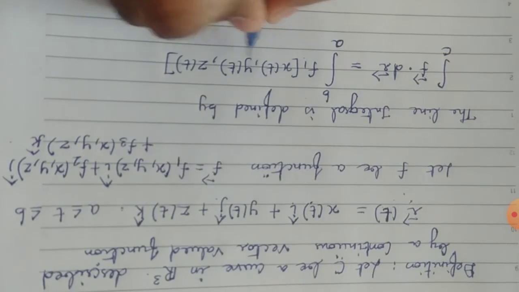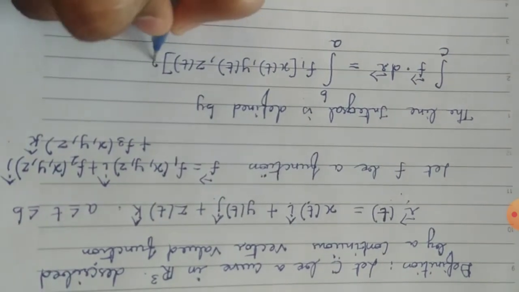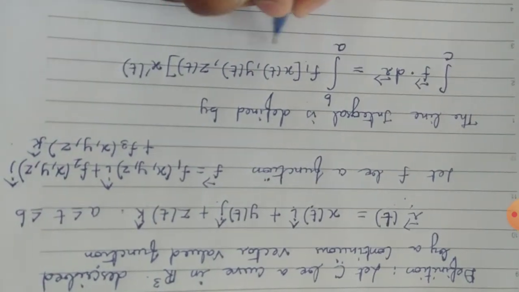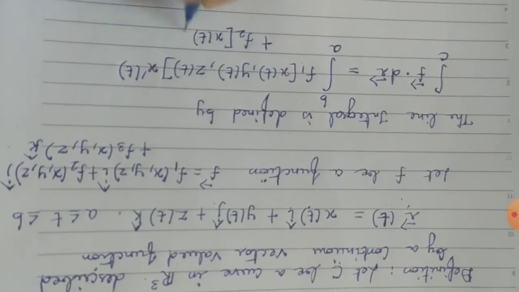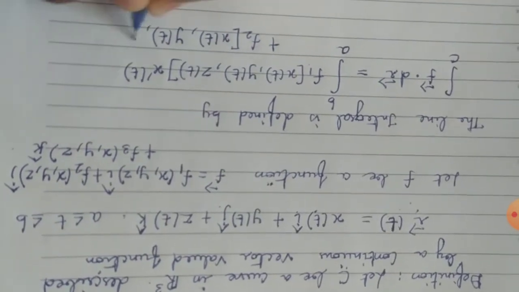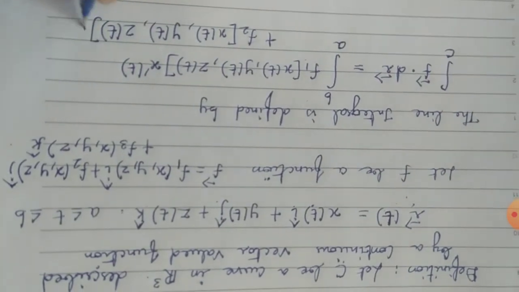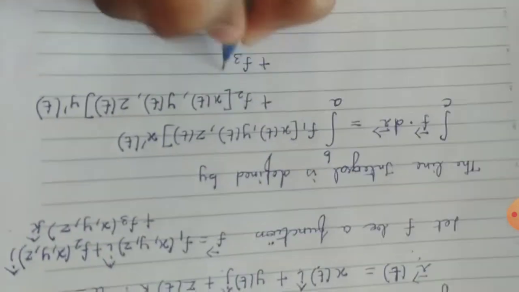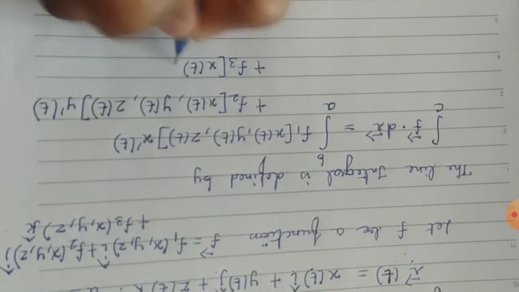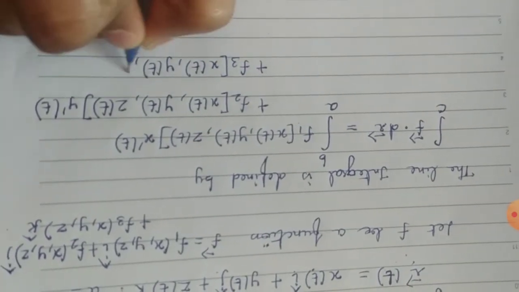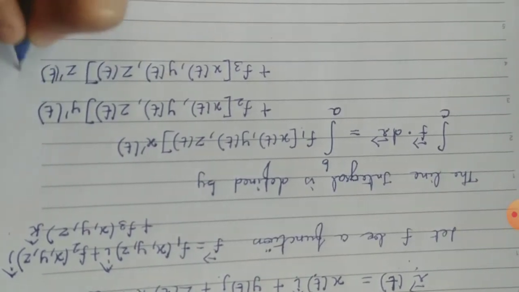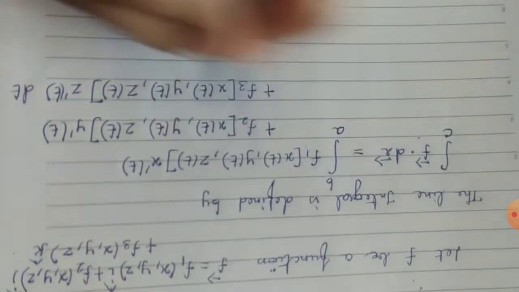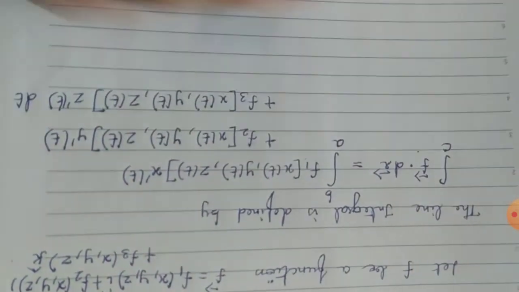So you have to write f1 of x of t, y of t, z of t times x dash of t, plus f2 of x of t, y of t, z of t times y dash of t, plus f3 of x of t, y of t, z of t times z dash of t, times dt. This is the expansion of the line integral.